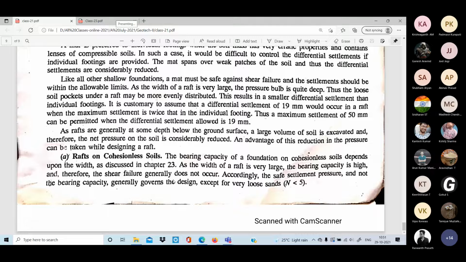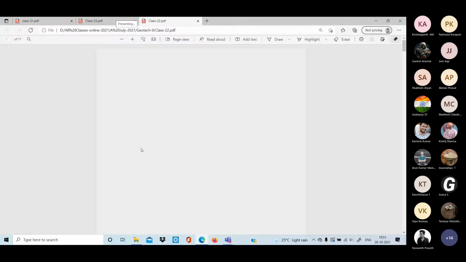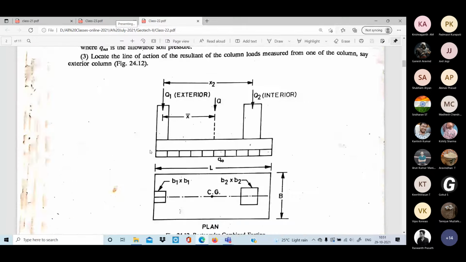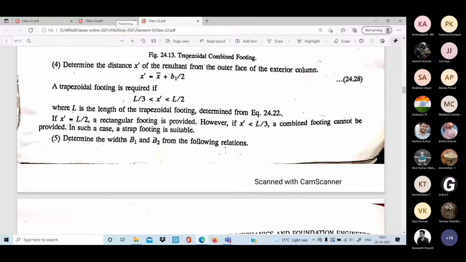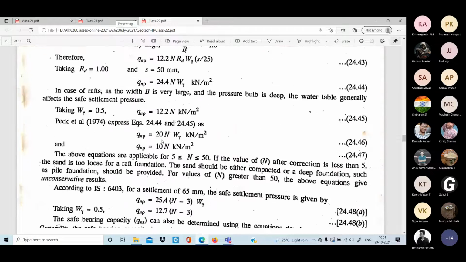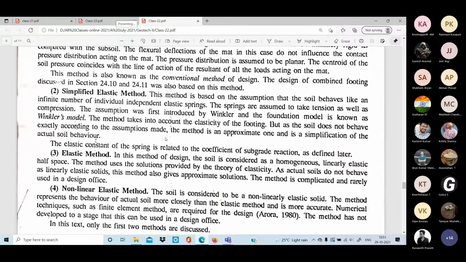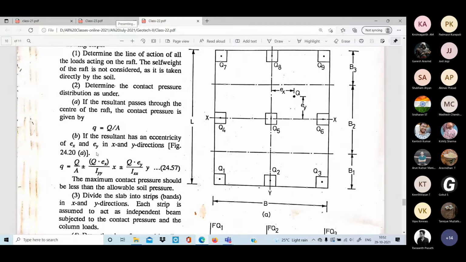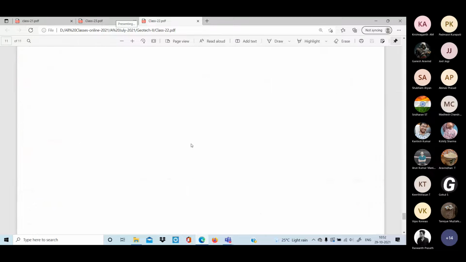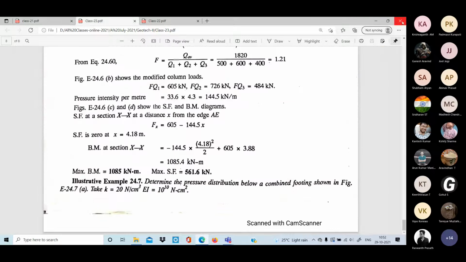Design of raft foundation also we have seen in the 22nd class. So yesterday we have seen this mat foundation also. So these steps we have to follow. Okay, that's what they have done. So you can follow the steps and you can design. So this is all about how we will design it.